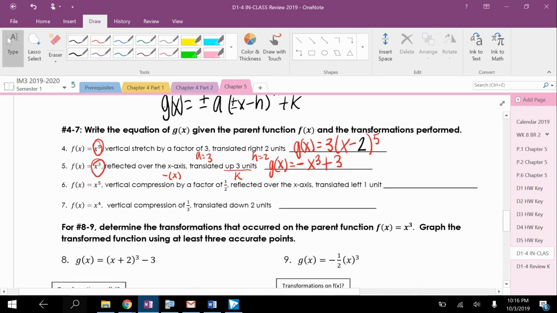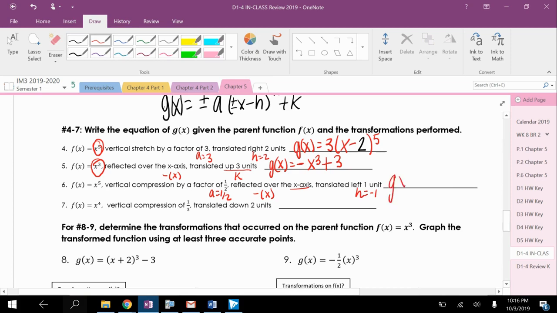Let's do it again. I have a compression of 1/2, which is what your a value is. Reflected over the x-axis, that means that I have a negative right next to the equal sign. If it was y it would look like this. That would be y. And then left 1, so that's your h value, and left 1's always negative.